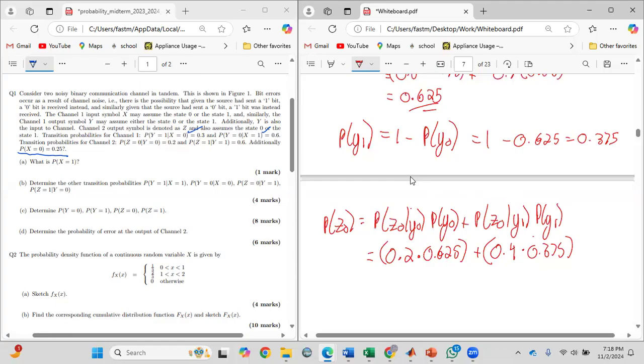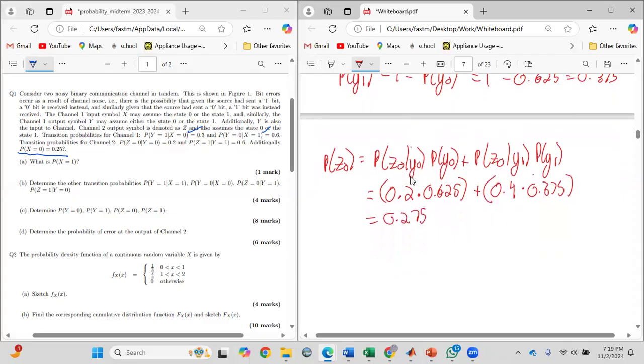Alright, so go ahead and calculate that now: 0.625 by 0.2 plus 0.4 by 0.375. Here is 0.275.